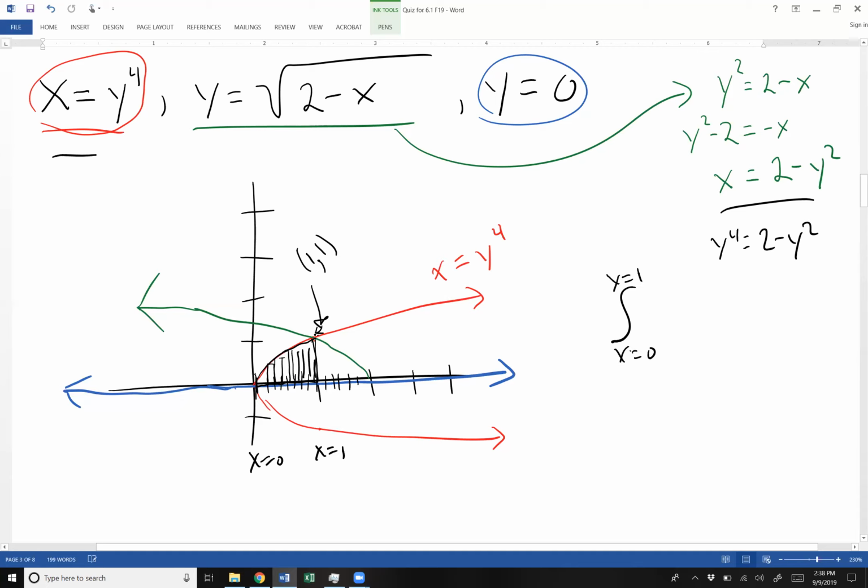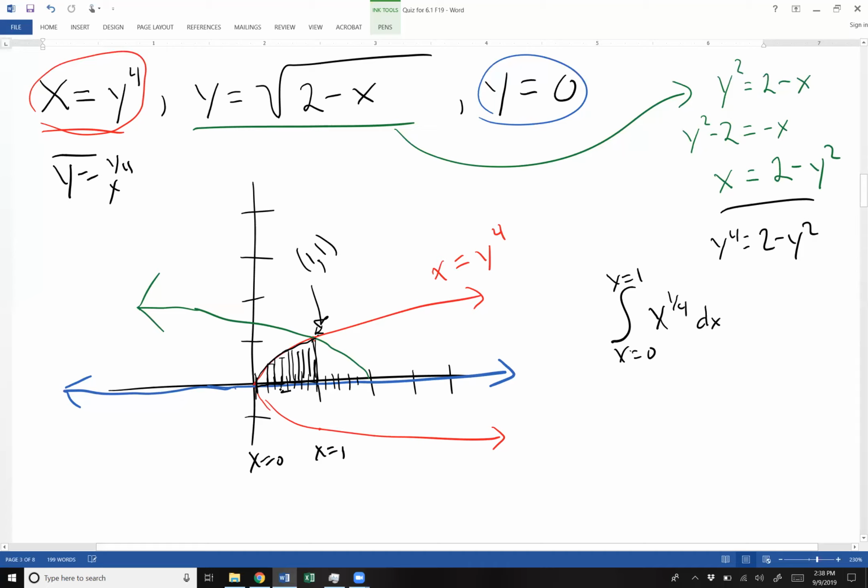And what's my upper function? The upper function is y. I have to solve for y, don't I? So y equals the fourth root of x, or x to the 1/4, dx. dx, because I'm integrating with respect to x. It's my small width there.